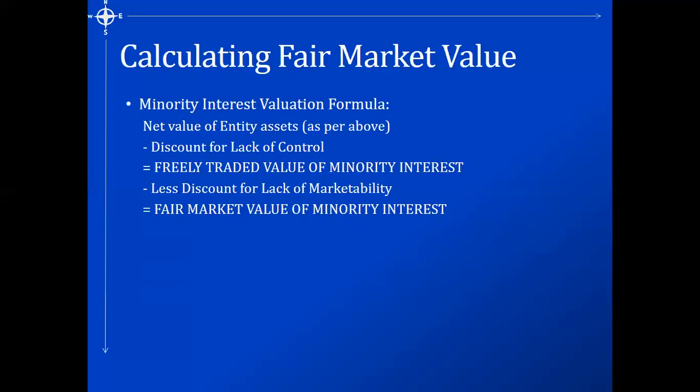And what that gives you is the freely traded value of the minority interest. In other words, that's the value of the minority interest that it could receive from third parties if it were freely marketable. But for most multi-member LLCs, there are restrictions on whether or not you can actually transfer the property.